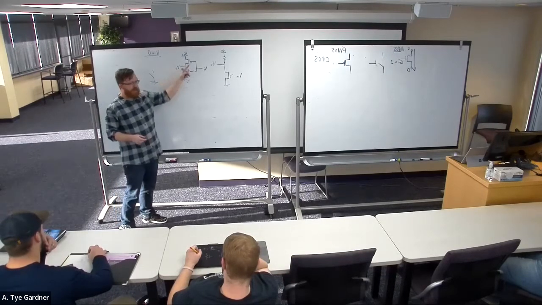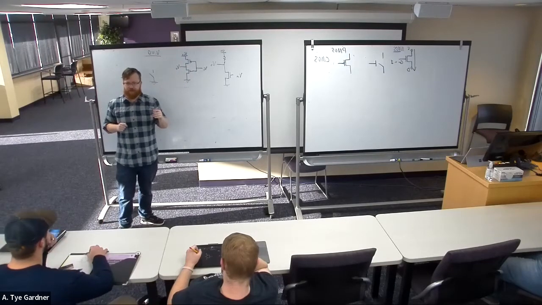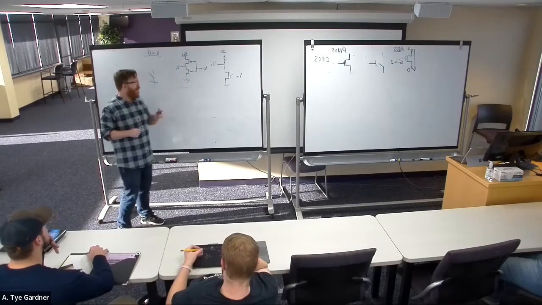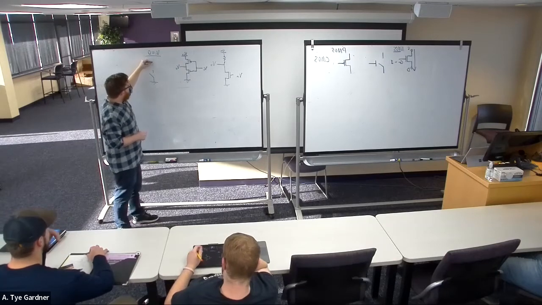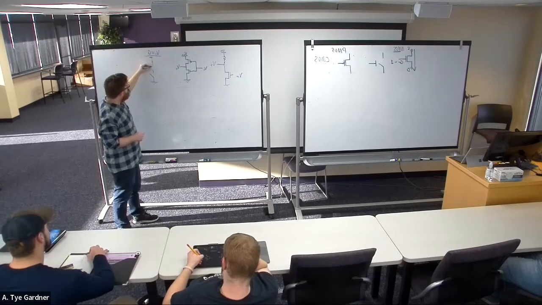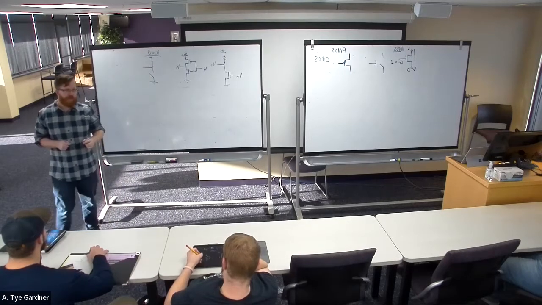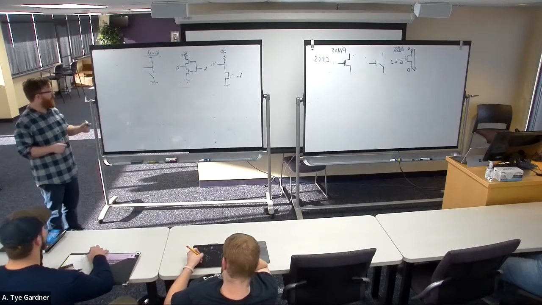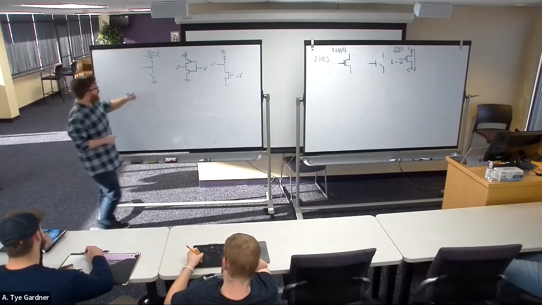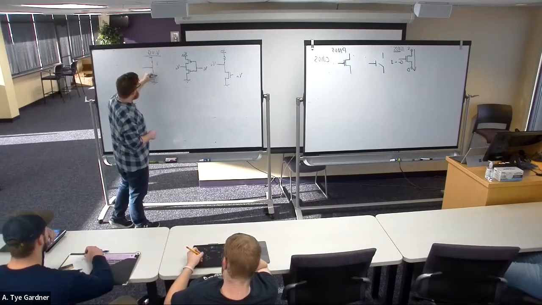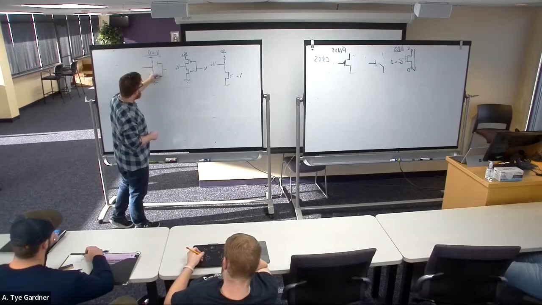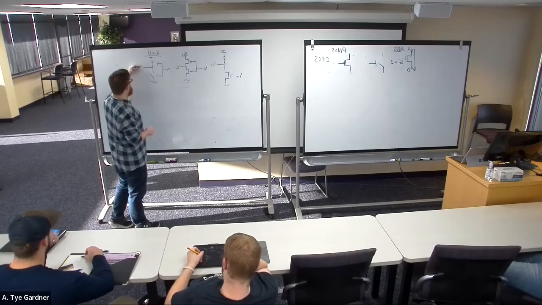Well, now there's an inverter on the top, right, that's what the PMOS little bubble says, that it just behaves opposite of the NMOS, which means that my switch is closed. Now I built this circuit where VI, VO.